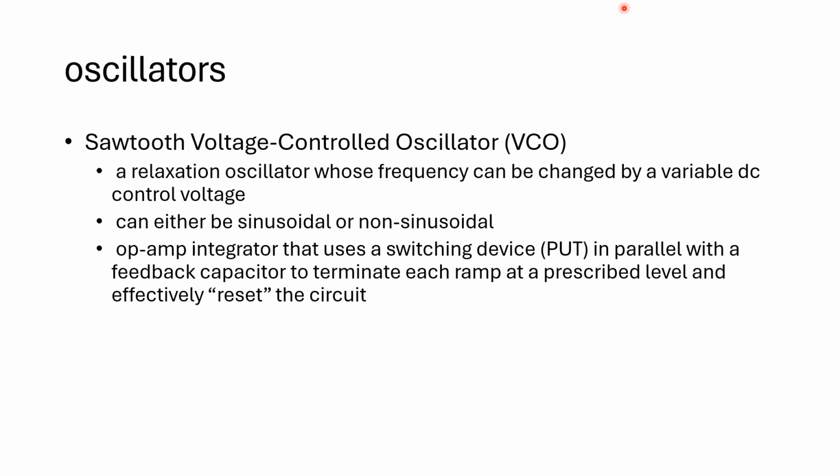As I mentioned a while ago, PUT stands for Programmable UJT, or Programmable Unijunction Transistor. A PUT is made up of an anode, cathode, and a gate terminal. The gate terminal is always biased positively with respect to the cathode.